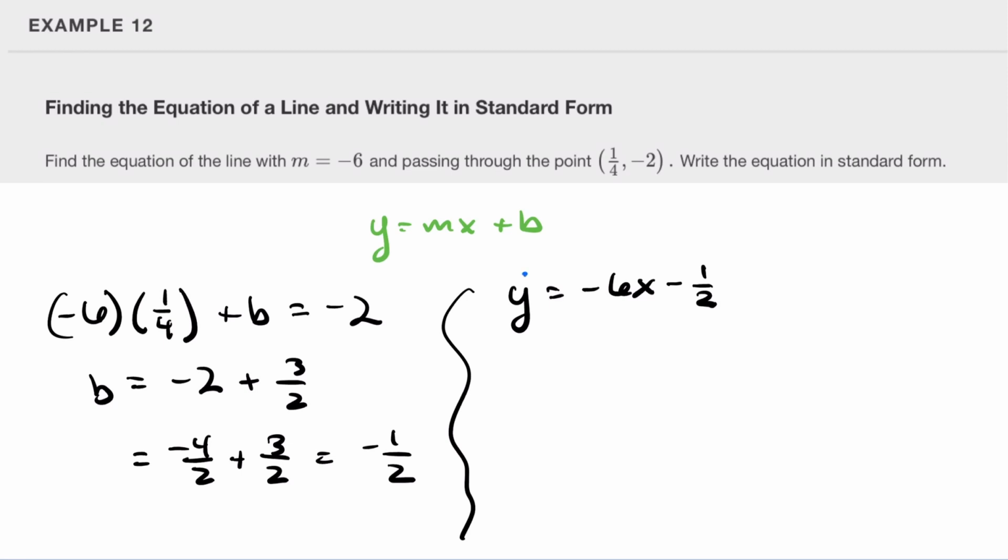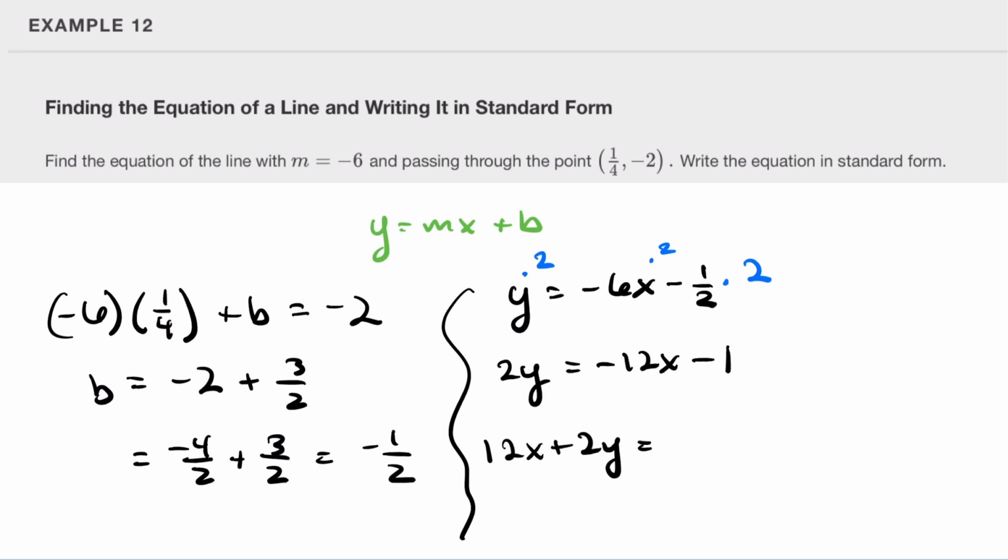So this times 2, this times 2, and this times 2. Then we'll get 2y equals -12x minus 1. I'm going to add that 12x to both sides. So we get 12x plus 2y equals -1.